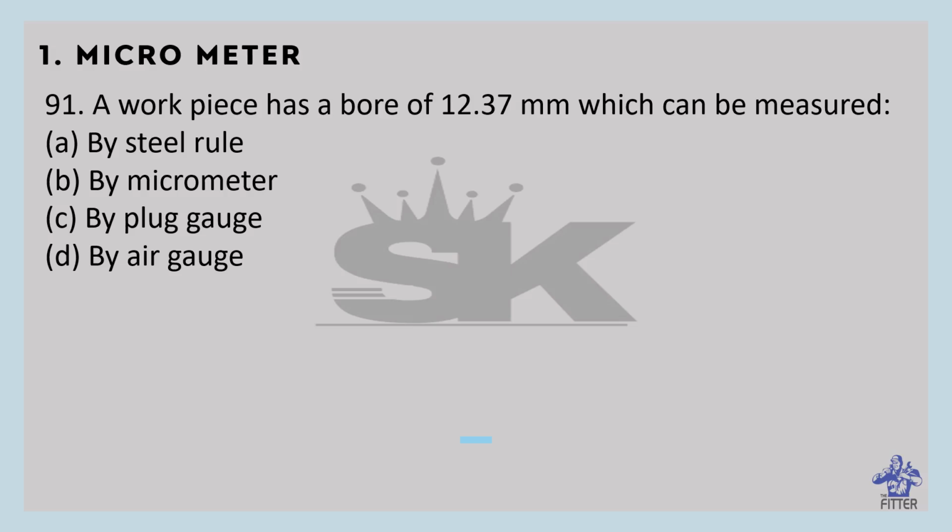A workpiece has a bore of 12.37 mm, which can be measured by a micrometer. A micrometer is used for measuring length, diameter, and thickness based on the principle of nut and bolt.